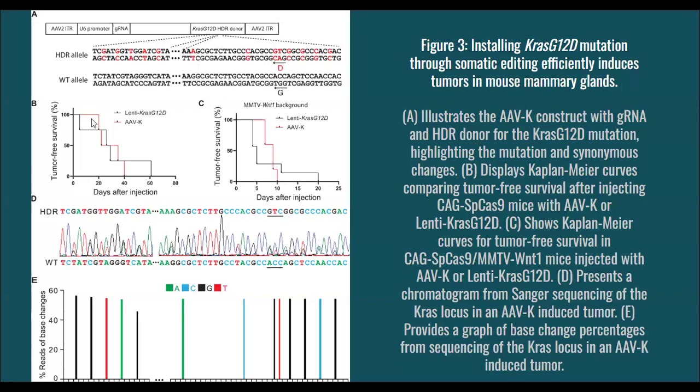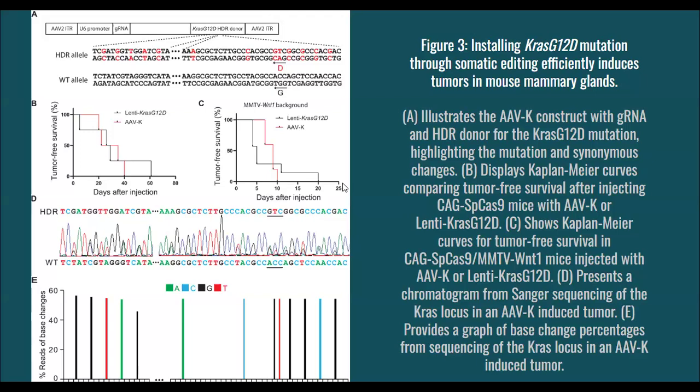And in the second one, you can see the Kaplan-Meier graph, where tumor-free survival percentages are given, and days of injection are also given. Overall, the figure tells us that the researchers successfully introduced a specific oncogenic mutation into the mouse genome.